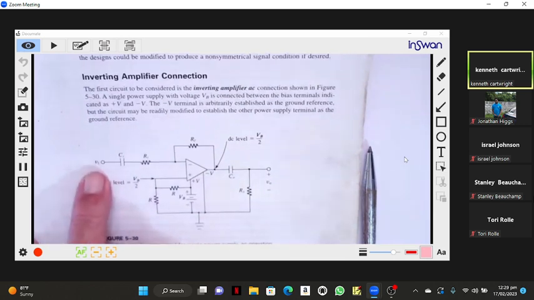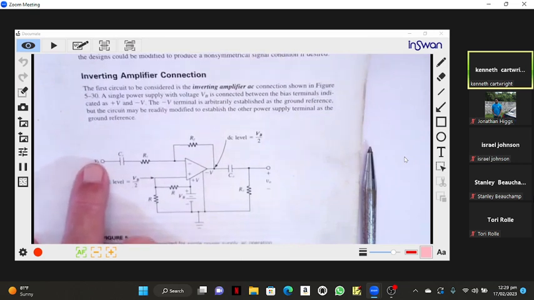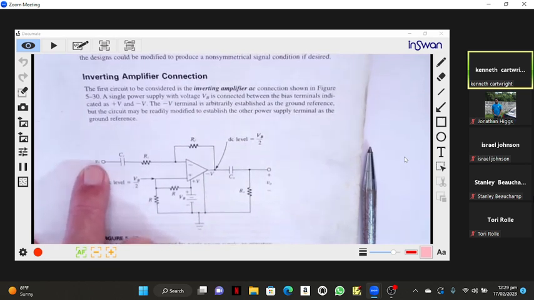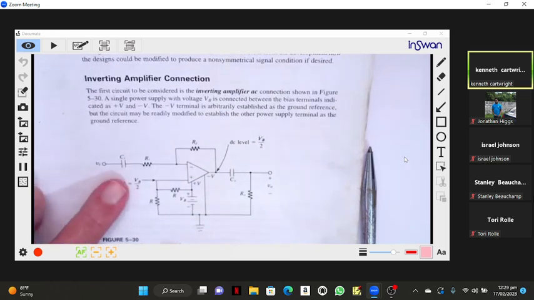Of course, VI is not in the circuit because that's an AC source. How do I know that's an AC source? All right.